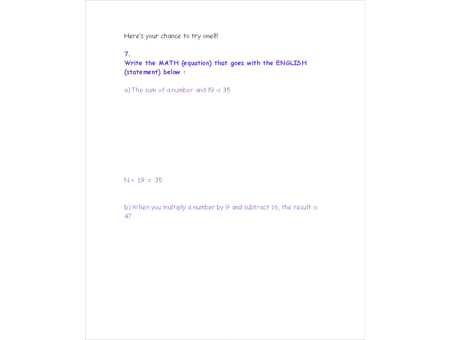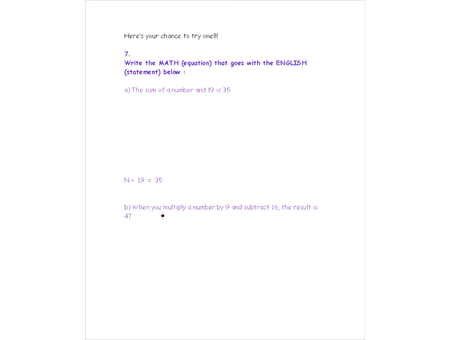Okay, so the sum of a number and 19 is 35. N plus 19, so a number and 19 is like the sum, and is 35 is like equals 35. So n plus 19 equals 35.